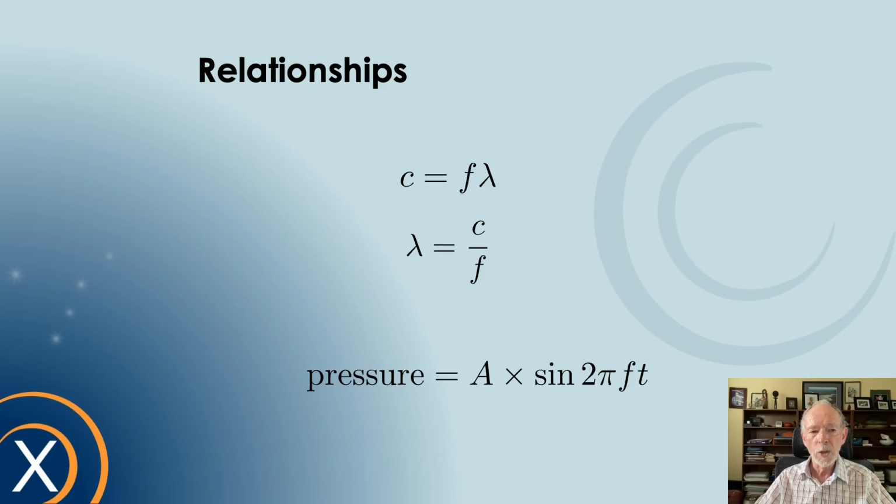The other equation I'm showing here is the equation that describes the actual pressure variation with time at one particular point. And I'm showing you this just for one reason, and that is to emphasize the fact that there is the sine function there. That's the trigonometric sine function, and that describes the shape of the ultrasound wave.